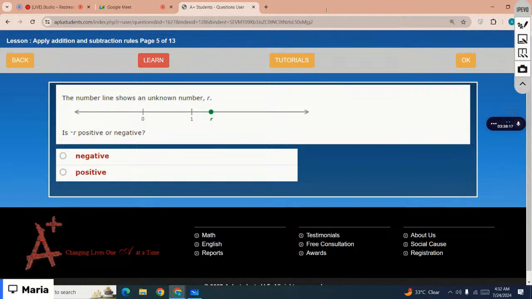The number line shows an unknown number r. Is negative r positive or negative?